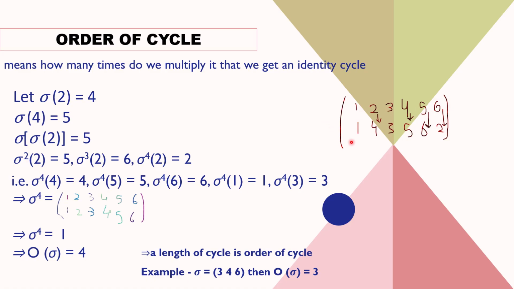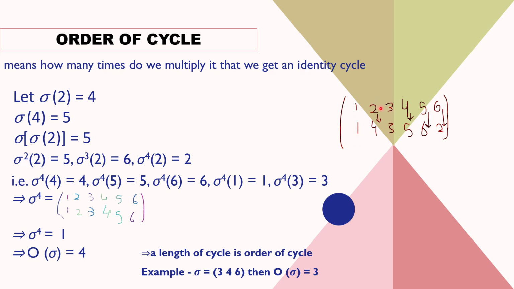Now 1 goes to 1, so it's going on itself, we will not talk about it, just omit it. This is because 1 is already going to 1. 1 will go to 1 if we are doing it 2 times, 3 times, 4 times, because it's mapped on itself.